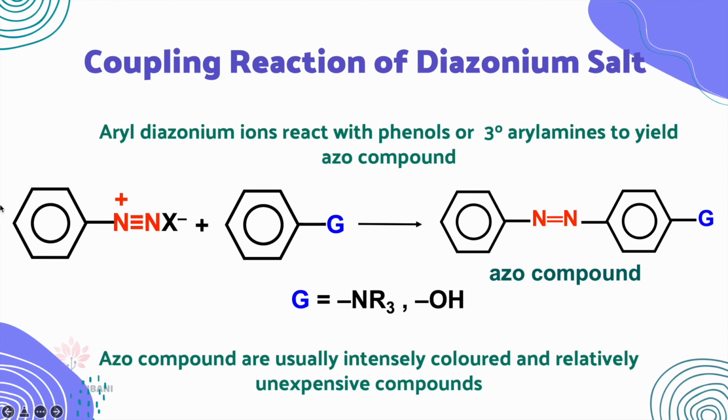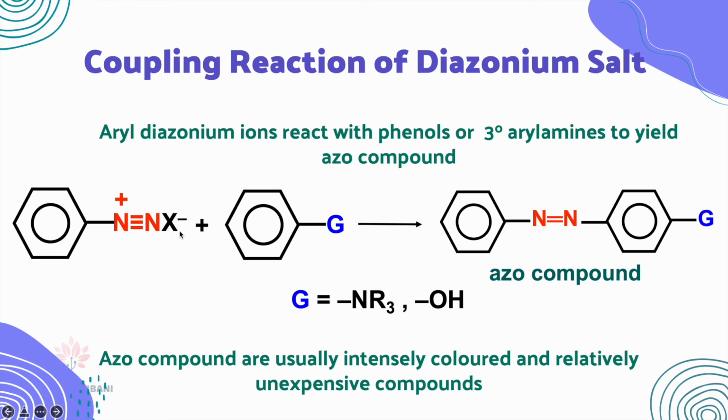The final reaction of amine is the coupling reaction of diazonium salt. Aryl diazonium ions react with phenol or tertiary aryl amines to yield azo compounds. This is the aryl diazonium ion: the benzene ring attached to N triple bond N, X minus.